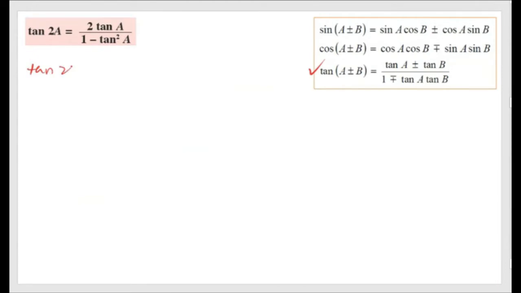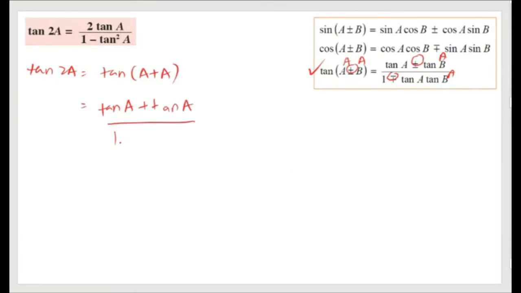Tangent 2A is equal to tangent (A plus A), which becomes tangent A plus tangent A over 1 minus tangent A times tangent A. So tan A plus tan A is 2 tangent A, over 1 minus tangent square A. So we get this formula already.